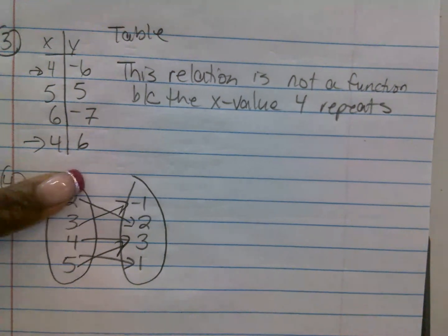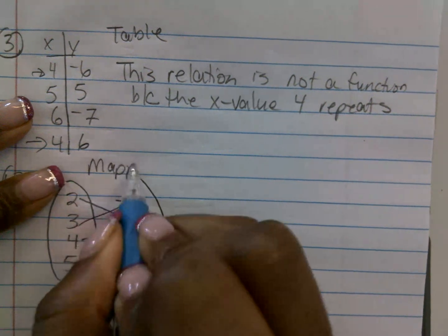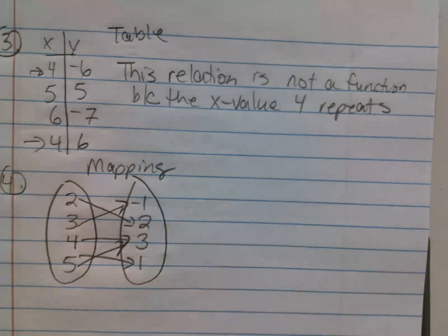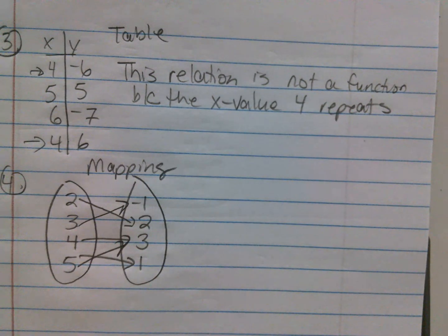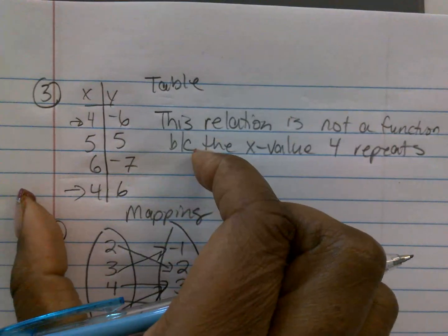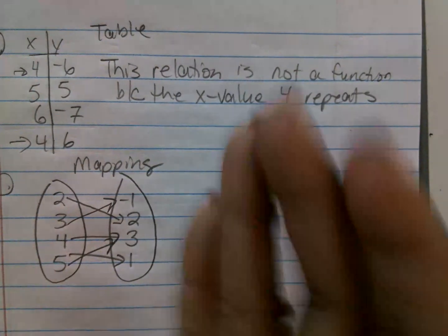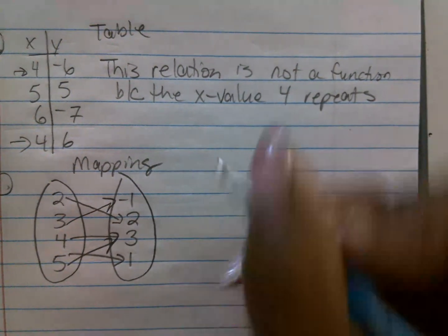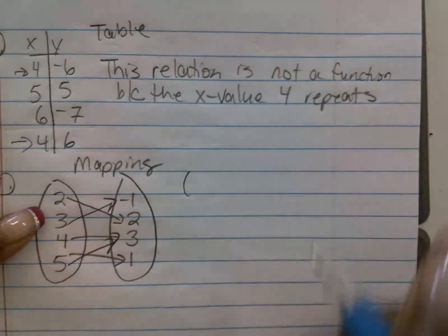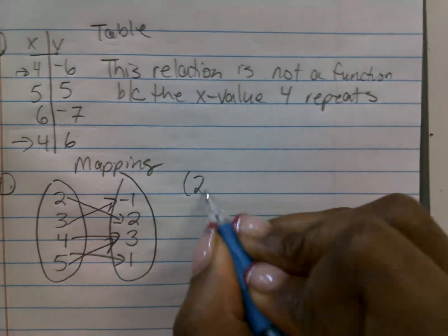Remember, how this is written is mapping. The ordered pairs are written in what you call mapping. The ordered pairs in the previous one were written in table form. Okay? Let's write out the ordered pairs for this mapping situation. What is the first ordered pair? 2, 2.